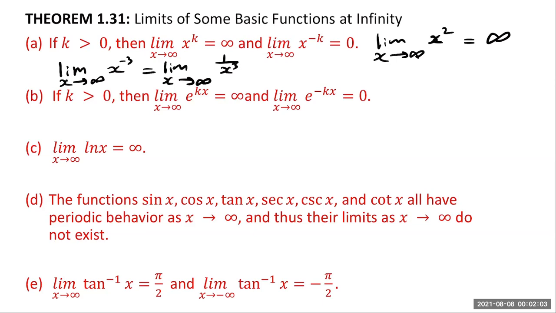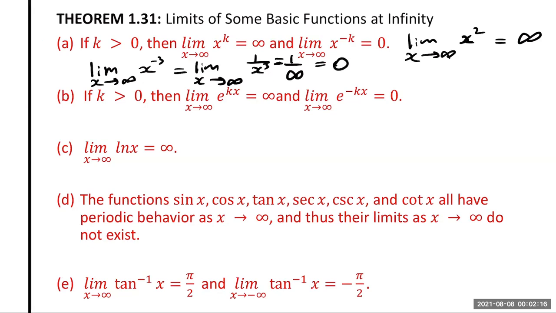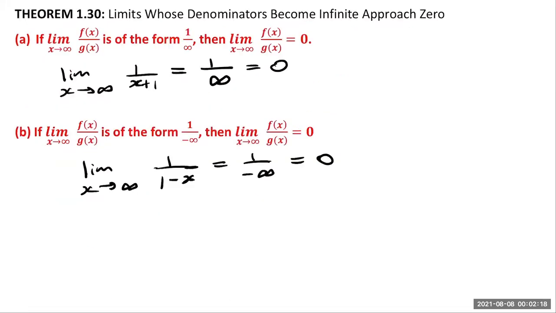Now, as you can see, as x goes to infinity, this takes the form 1 over infinity, right? So what is the answer? If that takes the form 1 over infinity, the answer would be 0. So if something takes the form 1 over infinity, the limit value is 0 from the previous theorem.